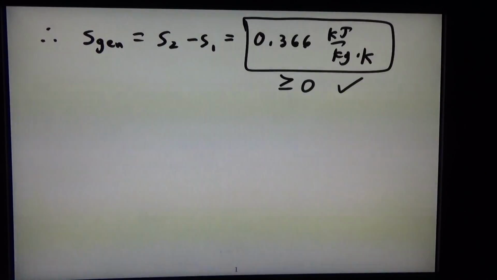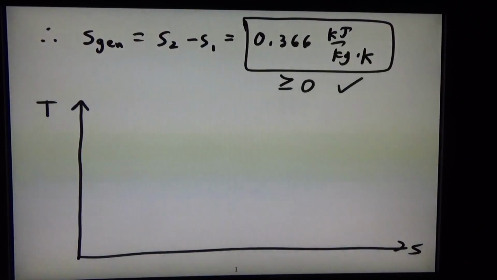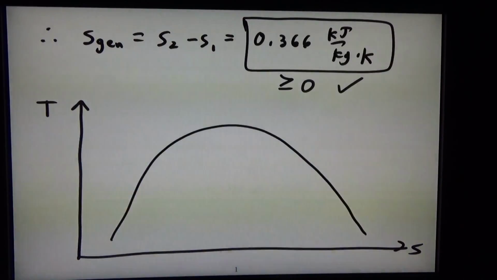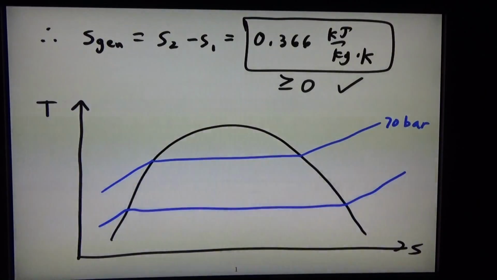And the last thing we want to do is to sketch this problem out on the TS diagram. So here, let's put in our saturation dome, because we have water. Then we have some constant pressure lines. We had one at 70 bar. We had our other one at 30 bar.